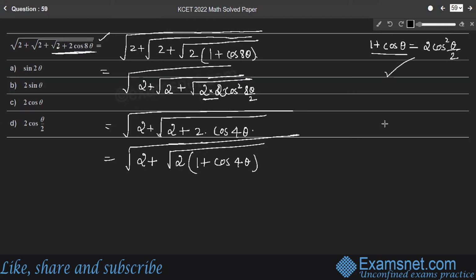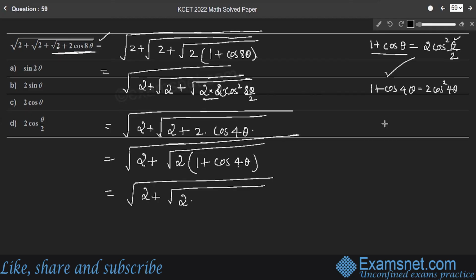Apply the same rule of 1 plus cos theta is 2 cos square theta by 2, where theta is 4 theta. Therefore 1 plus cos 4 theta is 2 cos square 4 theta by 2, which is 2 cos square 2 theta, right?